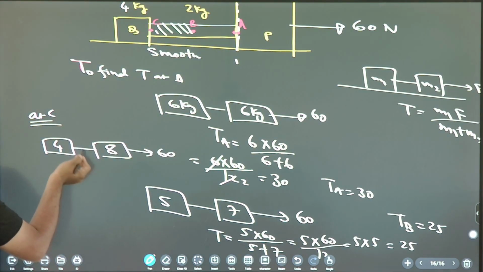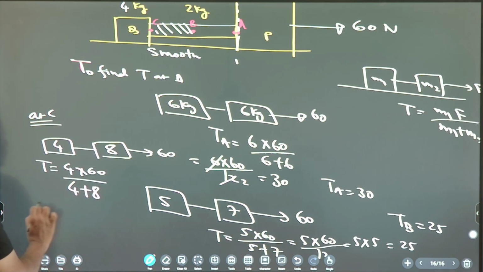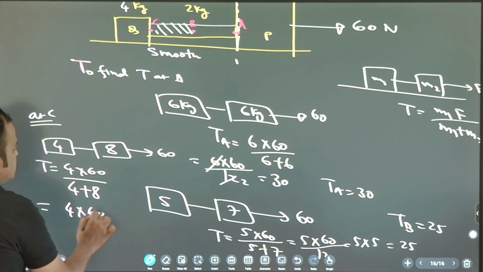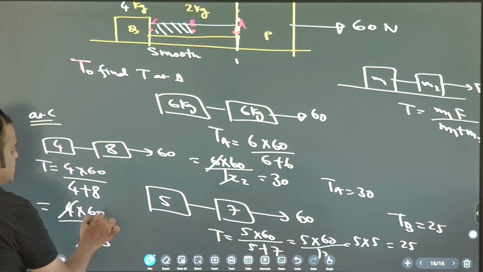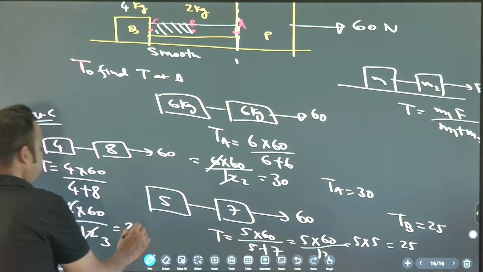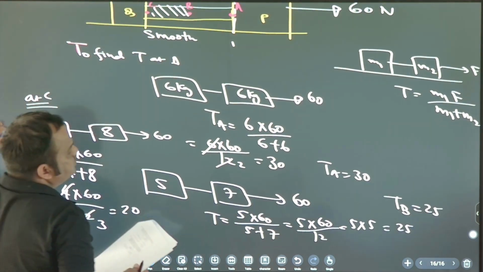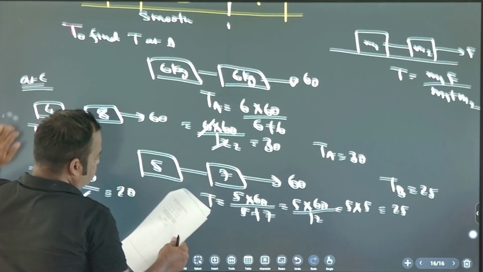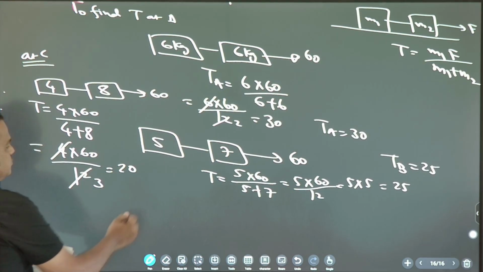So what is the tension here? 4 into 60 by 4 plus 8. Understood? 4 into 60 by 12. 60 by 3, 20. So they are asking the tensions. Okay, so 30, 25, 20. First option.